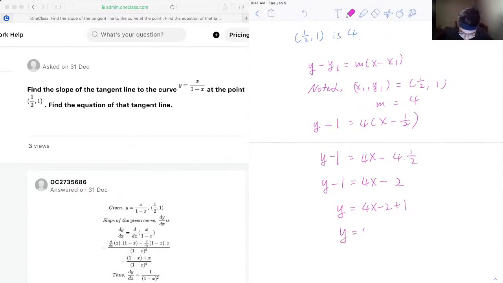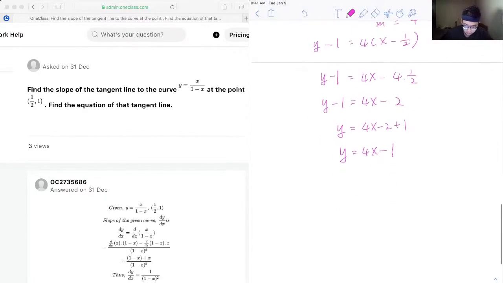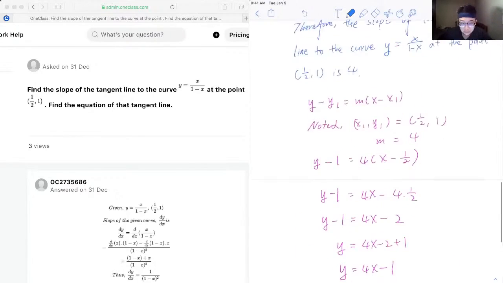So y is equal to 4x minus 1. Okay? And now we can write the conclusion. So the equation of the tangent line is y is equal to 4x minus 1.